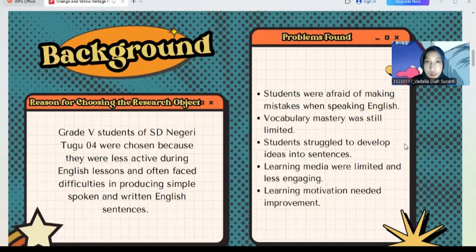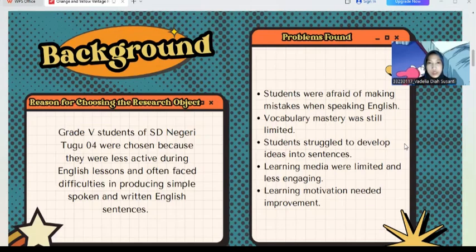We chose this class because many students were still less active during English lessons and had difficulty producing simple spoken and writing English sentences. And the problem found is, based on our observation, we found several problems.